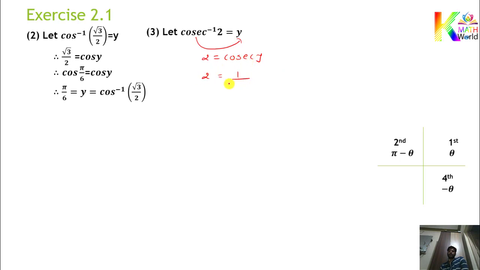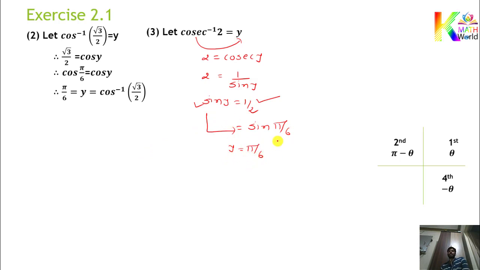Cosec can be written as 1 over sine. So you get sine y equals 1 by 2. On this side the sine function is there, so tell me the value of 1 by 2 in terms of sine. Obviously sine 30, which means pi by 6, so y equals pi by 6.